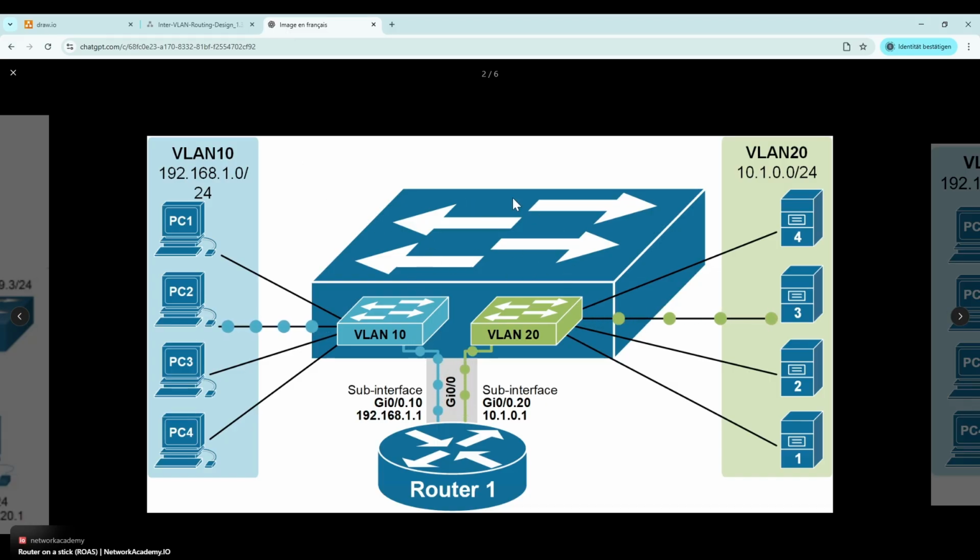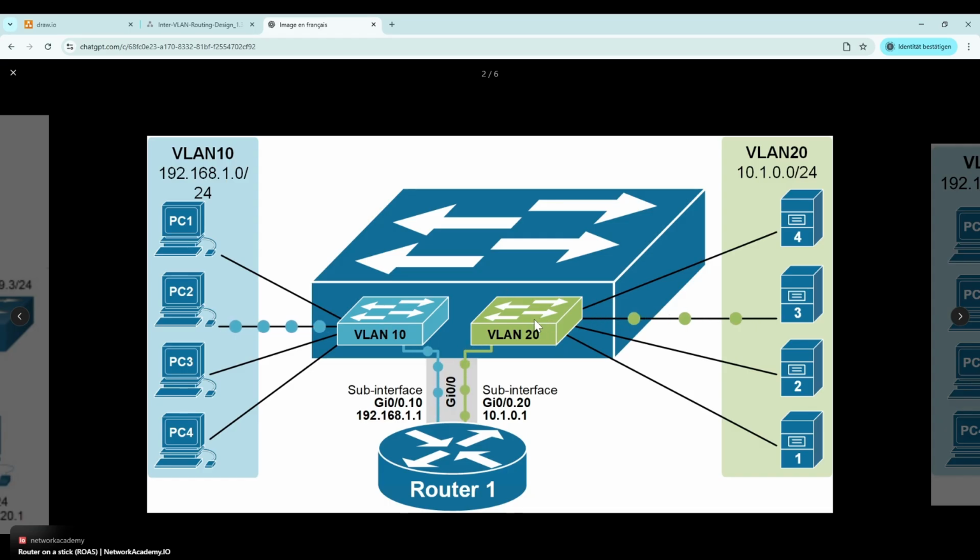We have the switch. The blue one, the bigger one, is our switch A. Inside switch A, we create switch B and switch C: small switch B, VLAN 10, and switch C, VLAN 20.